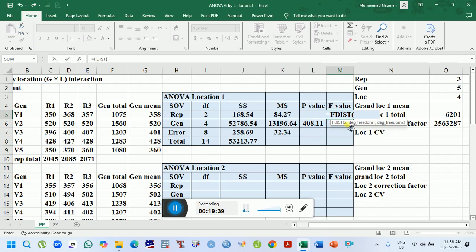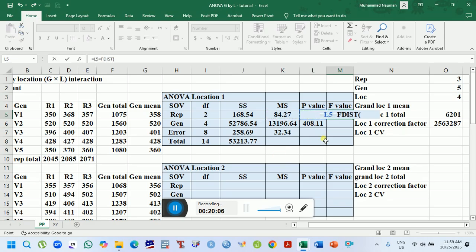The guide is also available. Number 1 is X, the p value, and degree of freedom 1 is the degree of freedom of replication, and degree of freedom 2 is the degree of freedom of error term.